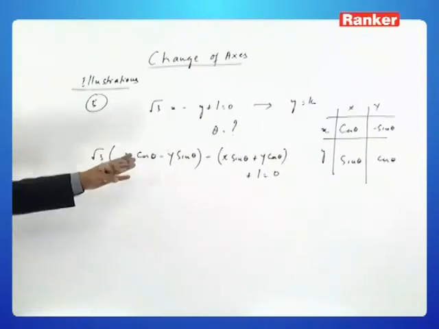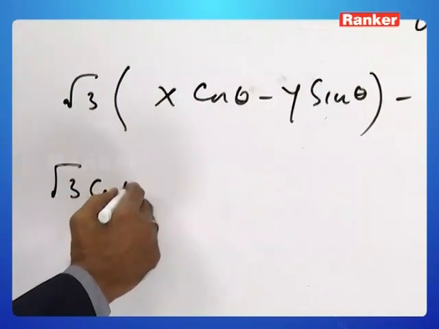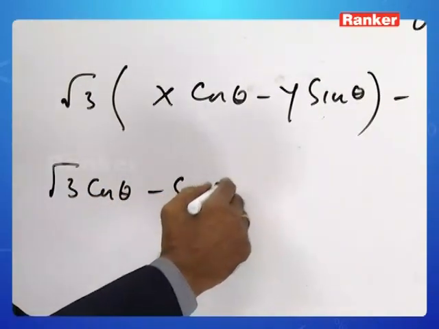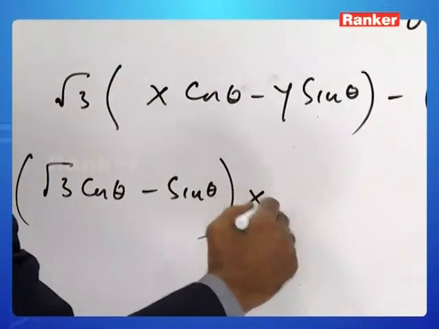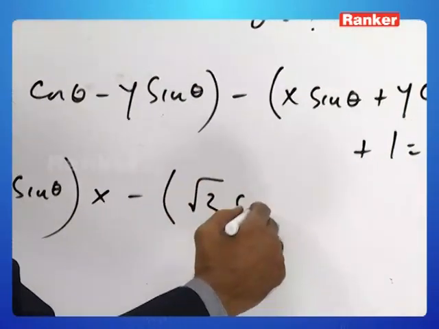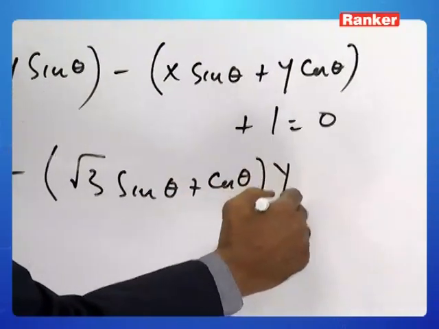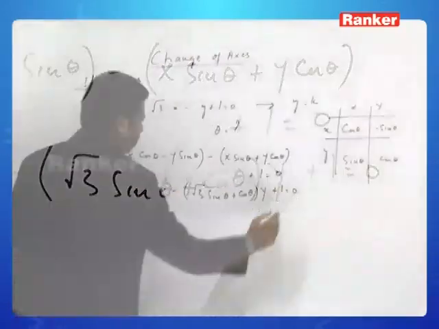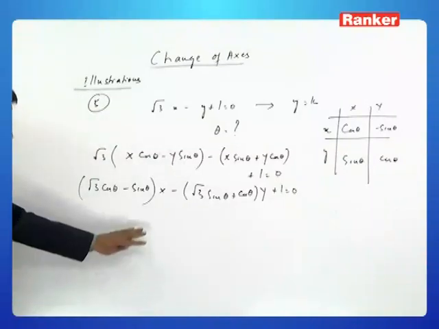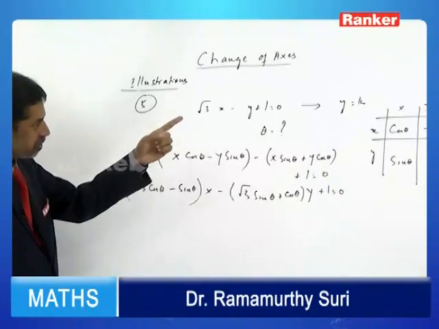So let's collect the coefficients of x and y. Root 3 cos theta minus sin theta into X minus of root 3 sine theta plus cos theta into Y plus 1 is equal to 0. Because this equation has to look like that, that means it must be free of the x terms.